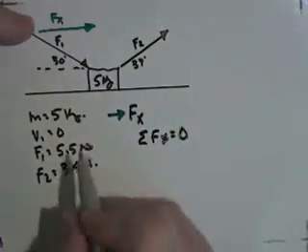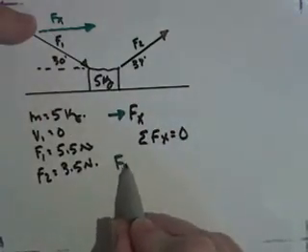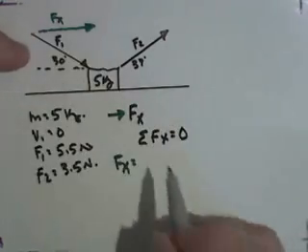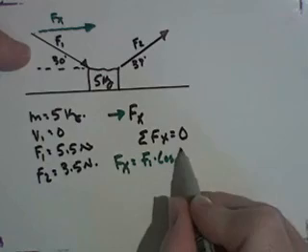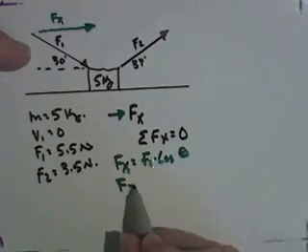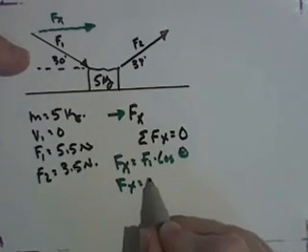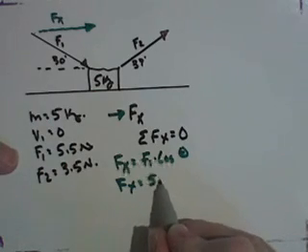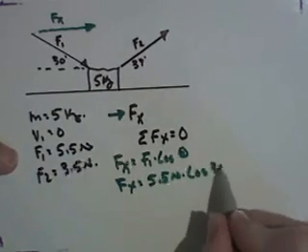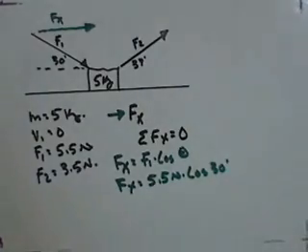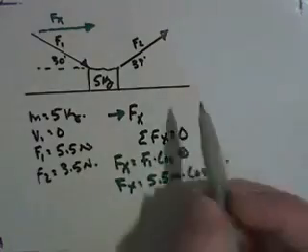So the force here, Fx, for this force would be equal to F1 times the cosine of the angle. So Fx here is equal to 5.5 newtons times the cosine of 30 degrees. We'll get a number for that in a bit. Well, you'll get a number for it.